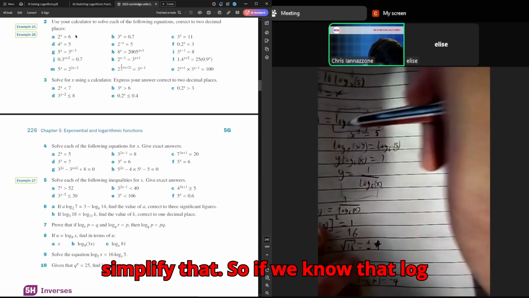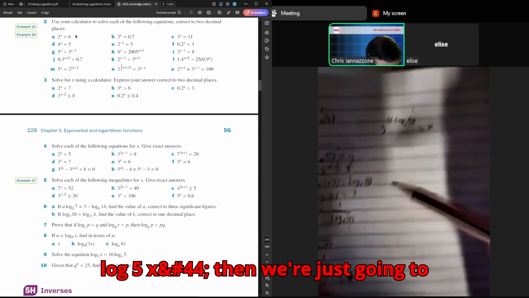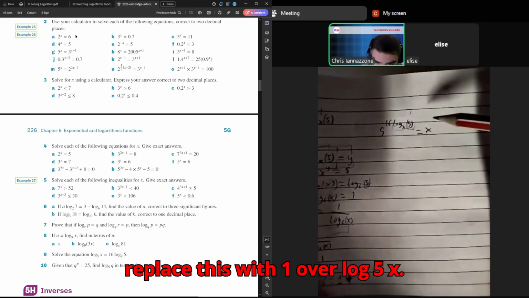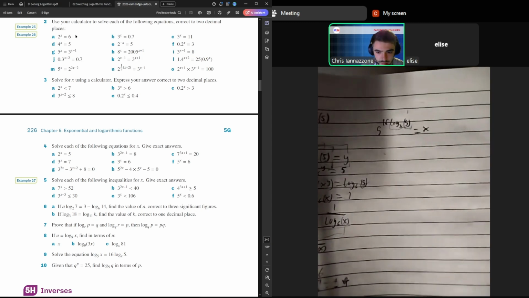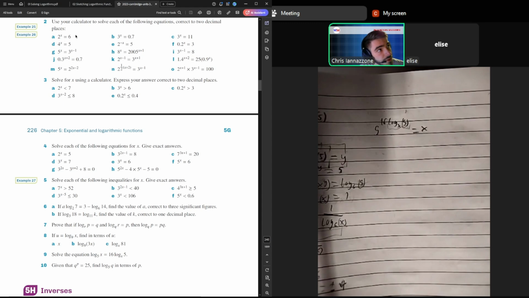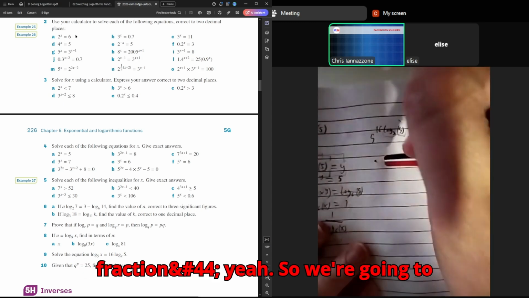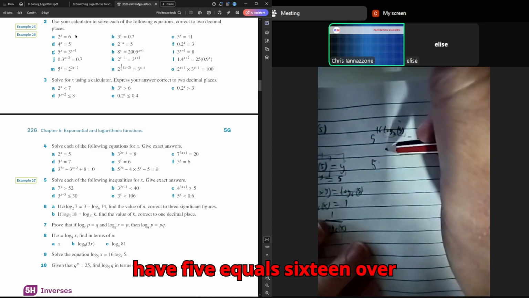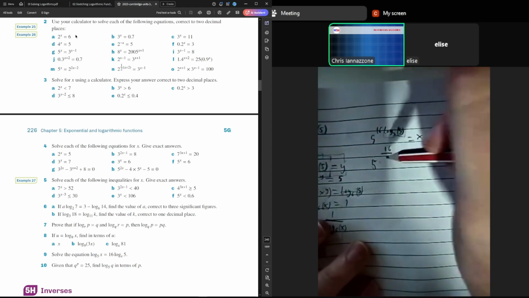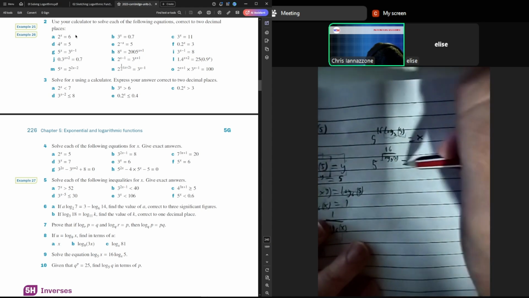So if we know that log x of 5 is the same as 1 over log 5 of x, then we're just going to replace this with 1 over log 5 of x. Oh, is this going to work? Huh. Because you are going to have a fraction, yeah. So you're going to have 5 to the 16 over log 5 of x is equal to x.